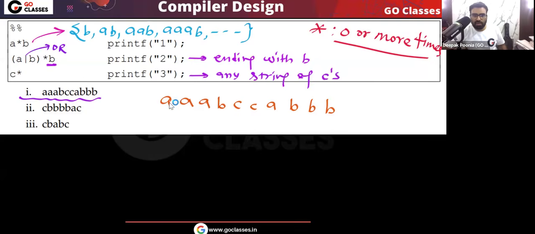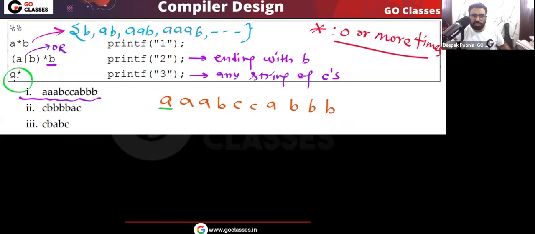Very simple. Now, let's come back to this string. What will be the tokenization? We will read this string from left to right, character by character. When you read this A, tell me which regular expression is in the race. You can see the first regular expression is in the race.